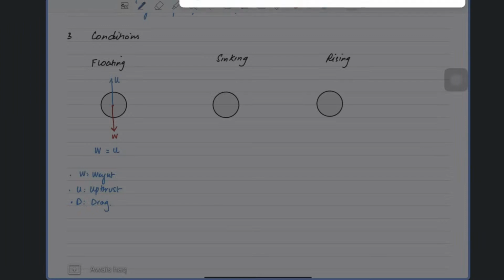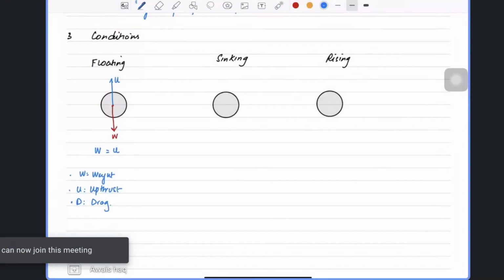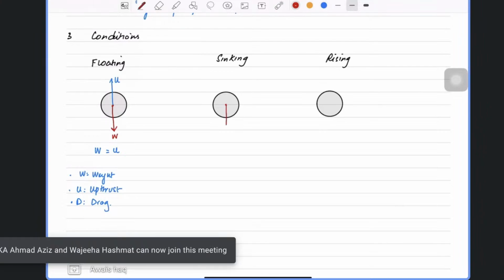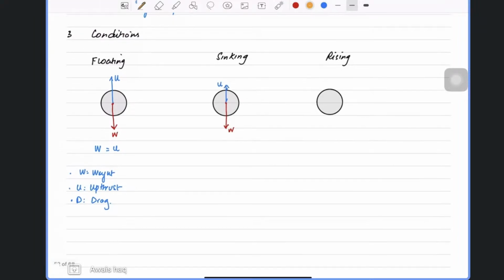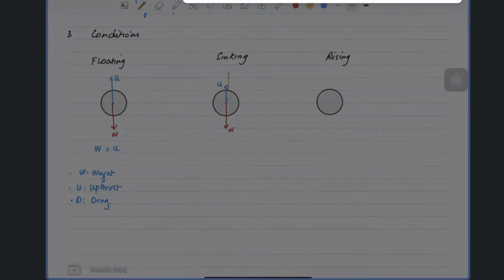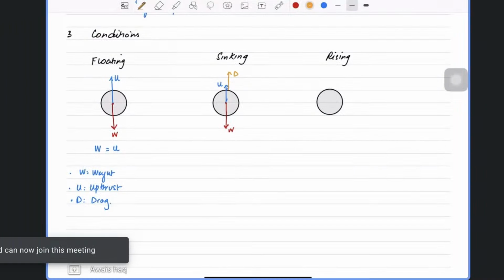the next one, when something is sinking, we should remember that sinking means that it's going down, which means weight is the biggest force. Then you've got upthrust, smaller, and then you have drag as well, smaller.